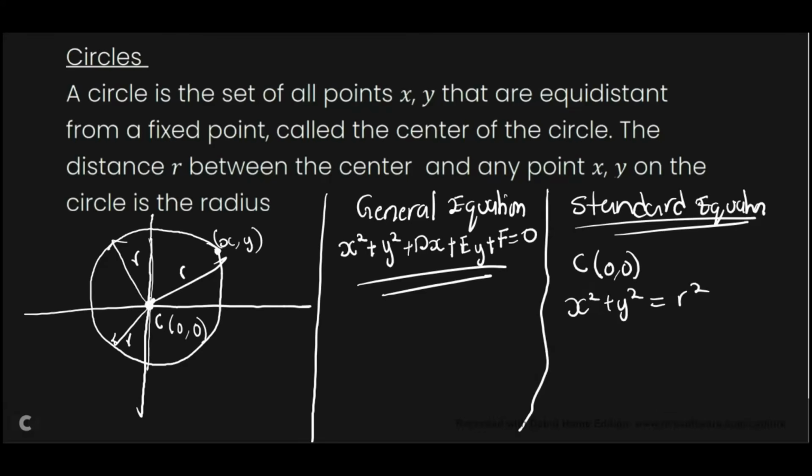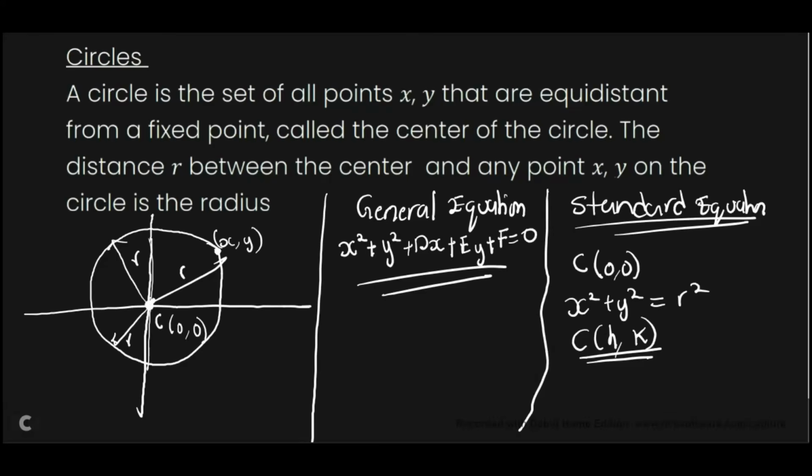Now, in a situation whereby we have moved from 0, 0, or from the origin, to another point, we have shifted the circle from the origin to another point. So the other point we will take as h and k.